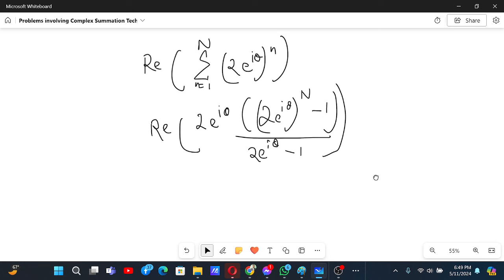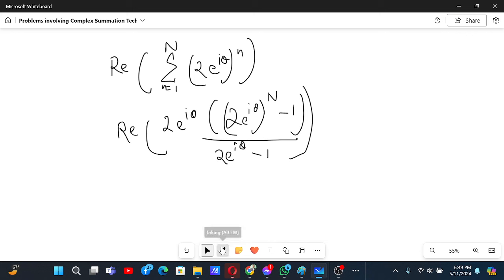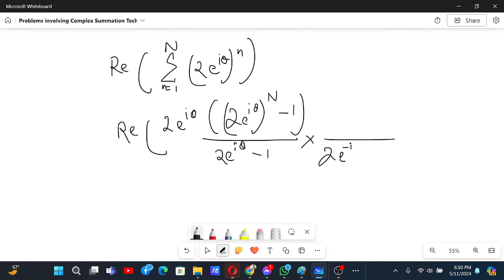A nice trick is to multiply by the same expression with the conjugate, in the expression involving e, take the conjugate but keep the same expression. That means multiply by 2 e to the power minus i theta minus 1. This will convert the expression to either purely real or purely imaginary, and that will be helpful for us. Let's see if it does or not.